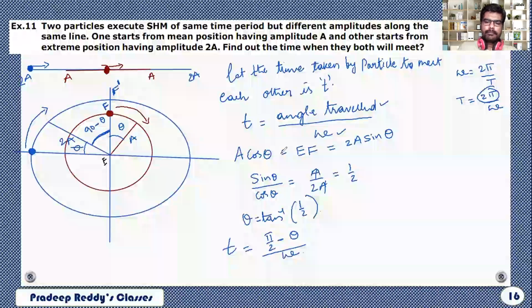So let me consider the first particle traveling an angular displacement theta. As one particle is starting at mean and the other at extreme, the angle between those two phases will be 90 degrees. So if the first one makes an angle theta, in the same time the second one will travel an angle pi. Now take this triangle.